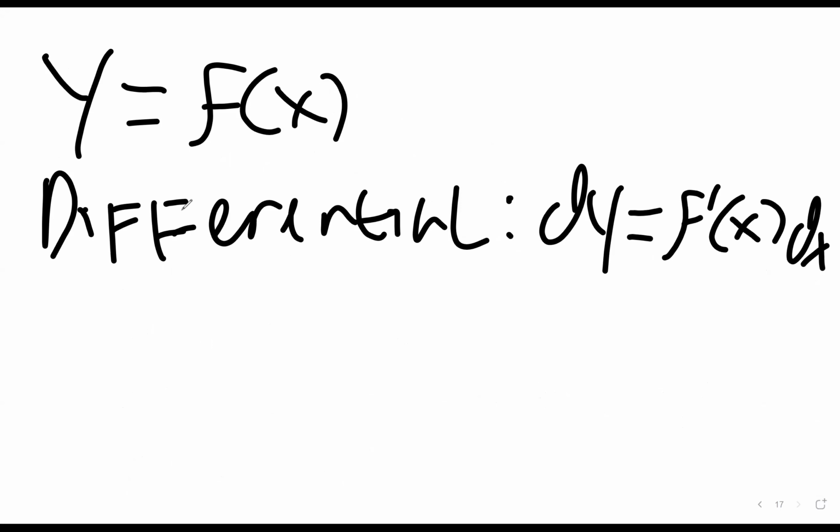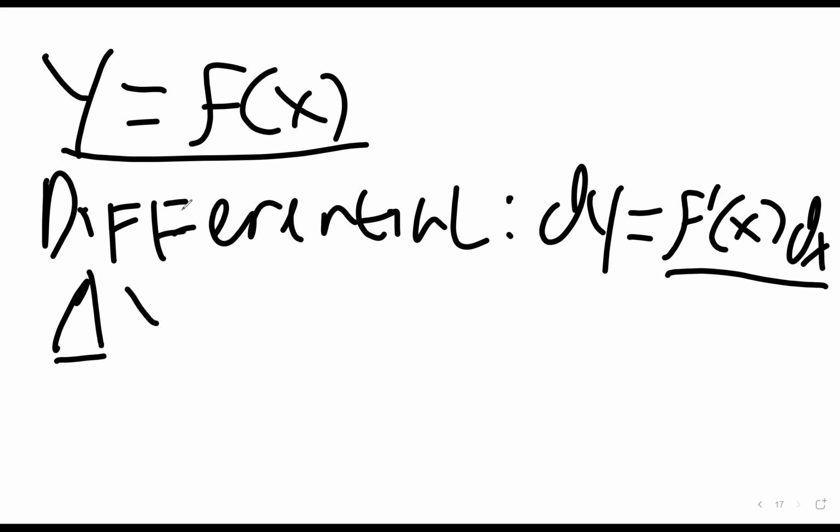So the basic part is, if you are given the function, you have to know how to calculate the differential. The typical mistake is thinking the differential is only the derivative, but you have to multiply it by dx. And this is important, especially if you want to approximate the value of delta y.